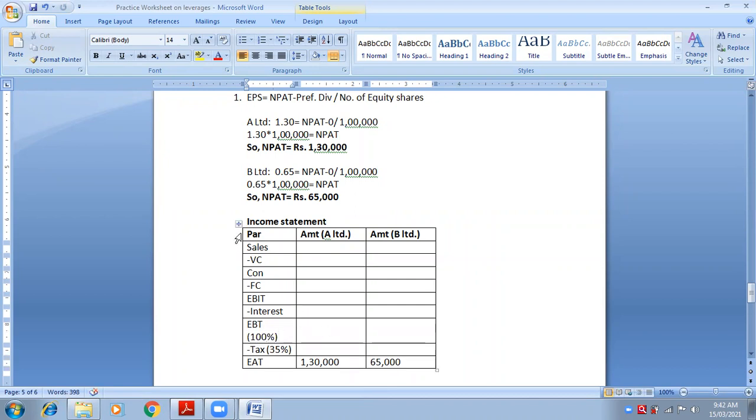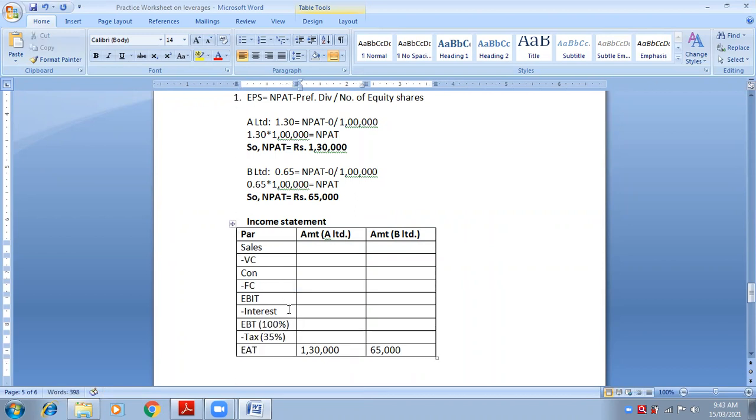Now tell me, 100 minus 35 will be how much? 65%. Very good. So if 1,30,000 is 65%, how much is 100?